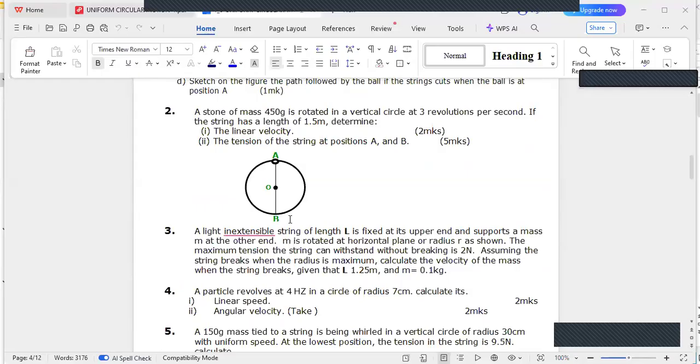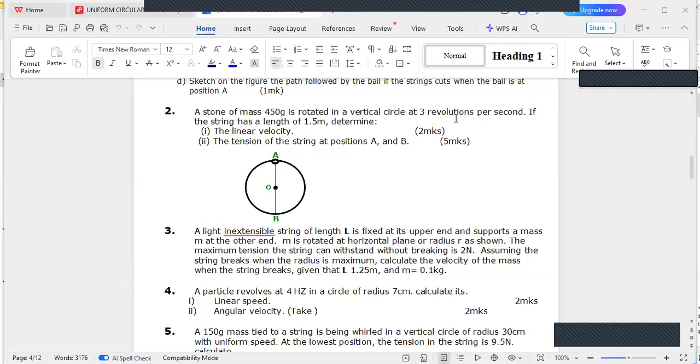Question number 2. A stone of mass 450 grams is rotated in a vertical circle at 3 revolutions per second. If the string has a length of 1.5 meters, determine the linear velocity. So what you do, first of all, you get angular velocity. Look at the quantities given. We have the revolutions per second, which is frequency.